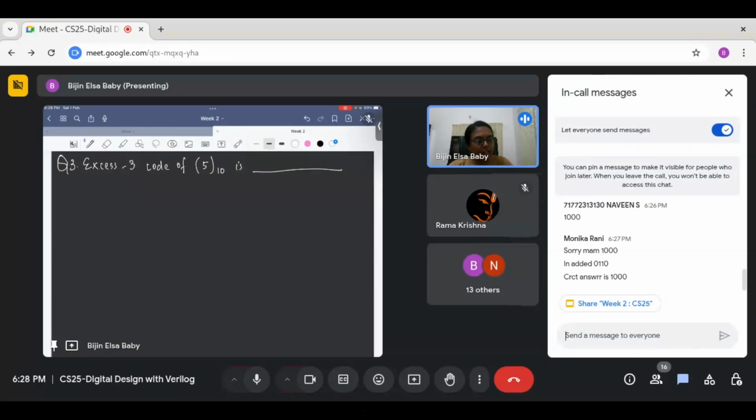So here 5. What is the binary representation of 5? That is 0, 1, 0, 1. For excess 3 code we need to add 3, which is 0, 0, 1, 1.